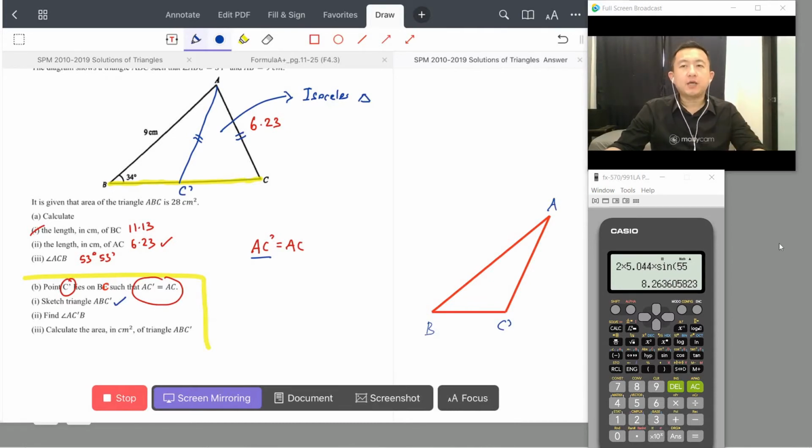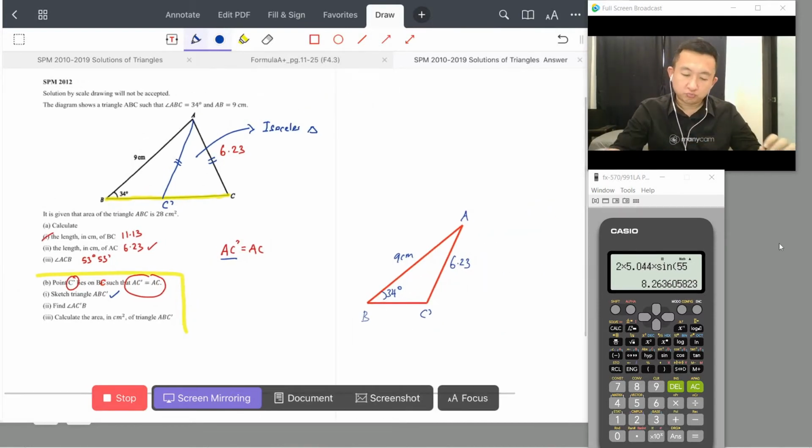And remember to put in the information that you know will never change. Which one? AB, 9 cm. Okay, great. What else? 34 degrees. And AC, 6.23. So just put in these ones.